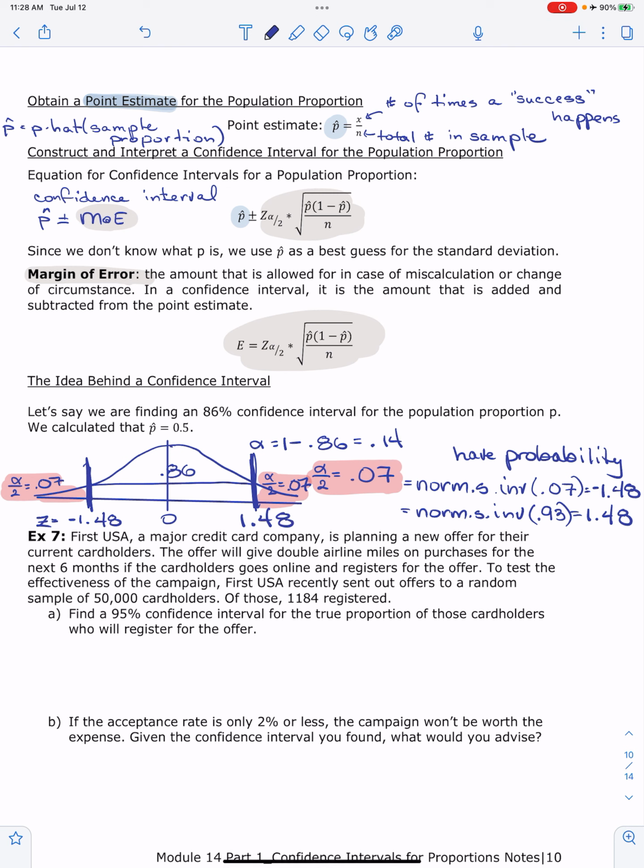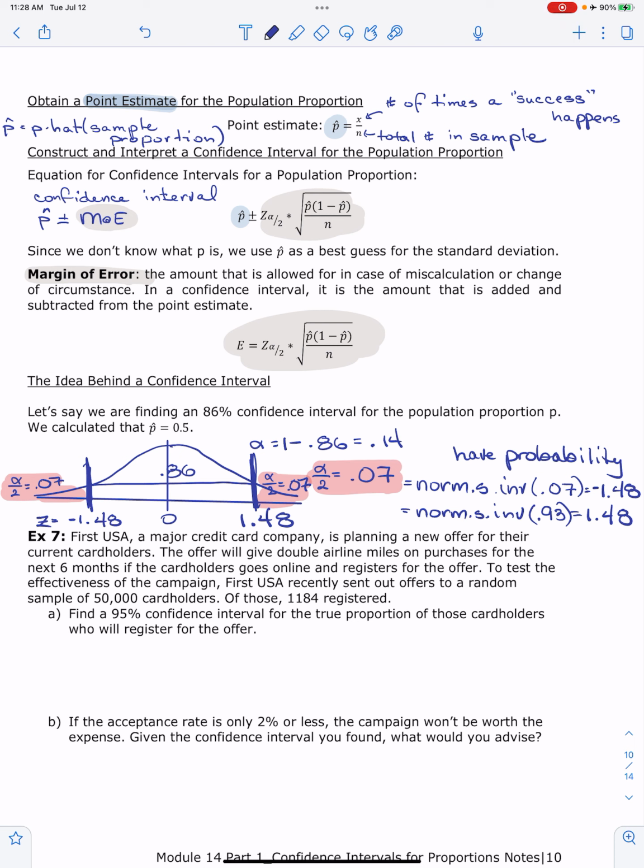So 86%, or the area under the curve, is 0.86 between the z-score of negative 1.48 and the z-score of positive 1.48, which means outside on the tails is the 0.07 on each side.